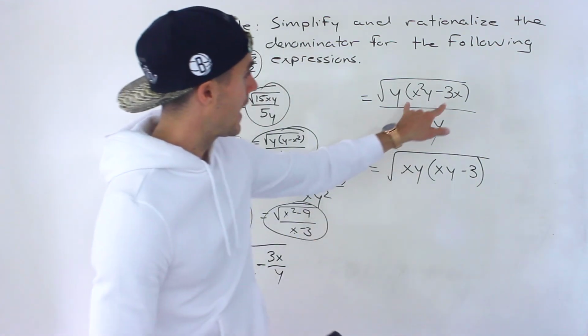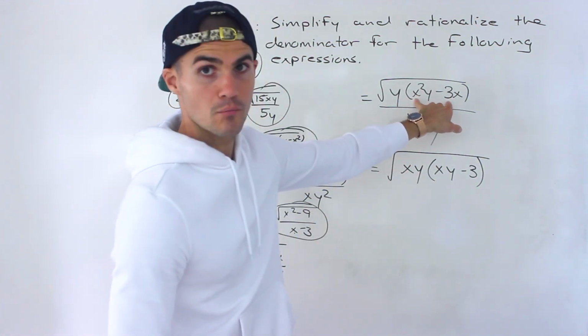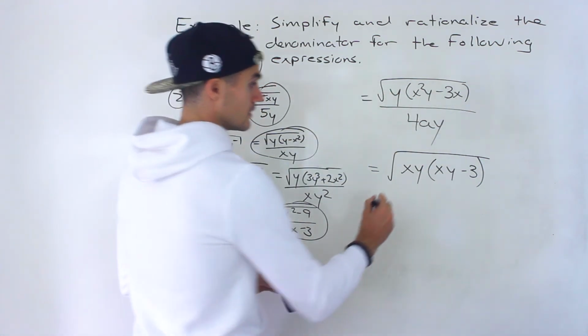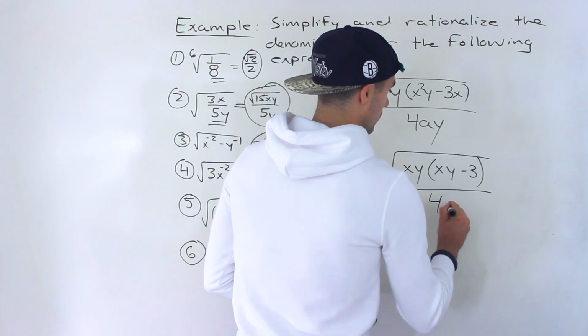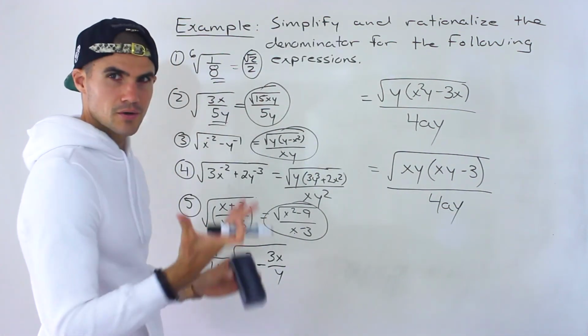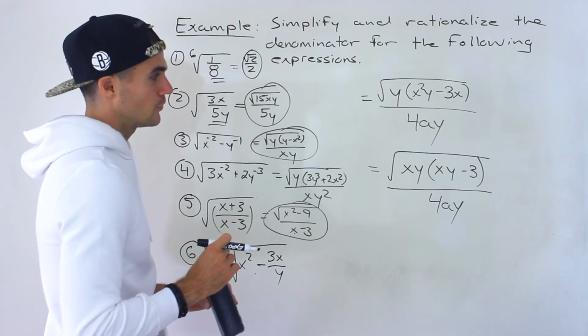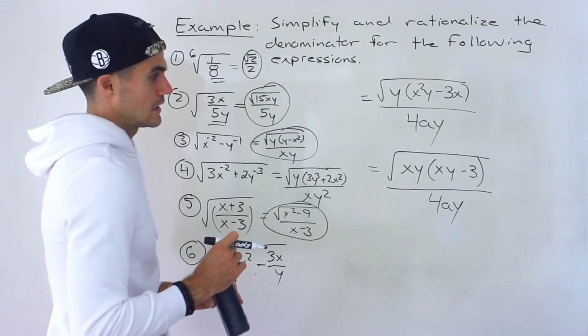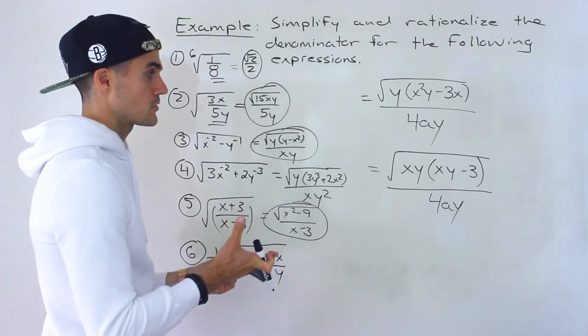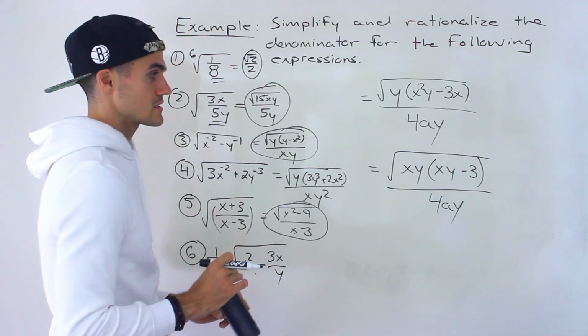Right? We could factor out an x from both of these terms into the front, and this would be all over 4ay. Okay, so I know it's kind of annoying going through these different formats and might be a little intimidating, but I'd rather you get exposed to this now versus later.